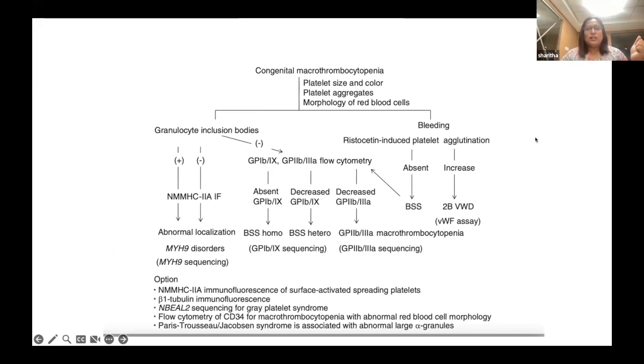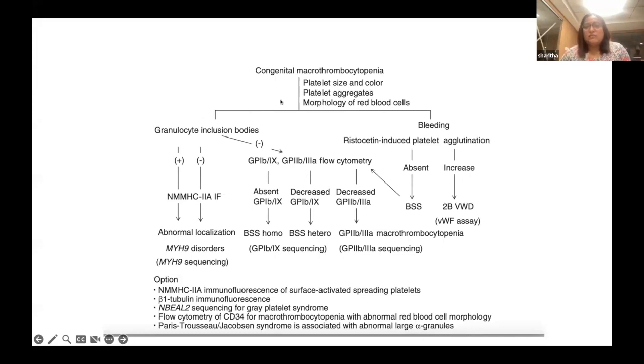So this is the flow chart which shows how to go about the workflow in the case of congenital macrothrombocytopenias. As we see here, first on the peripheral smear, we have to look for platelet size and color, whether there are platelet aggregates, and the morphology of the red blood cells.